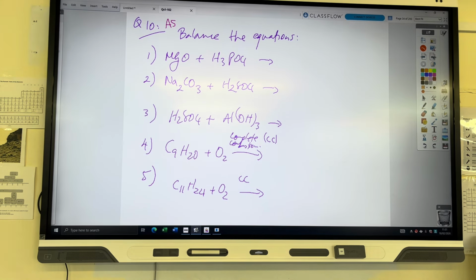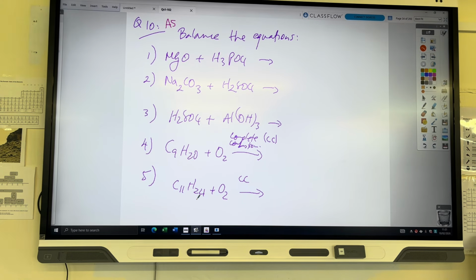Question 10, balance the equations. So there are 5 questions: magnesium oxide plus phosphoric acid, sodium carbonate plus sulfuric acid plus aluminium hydroxide. That's a nonane plus oxygen, complete combustion. You should know what that means.